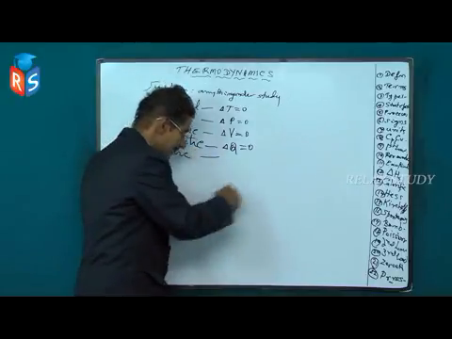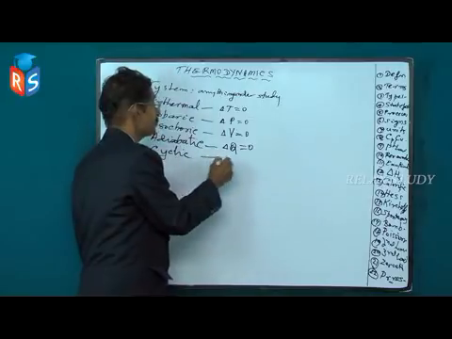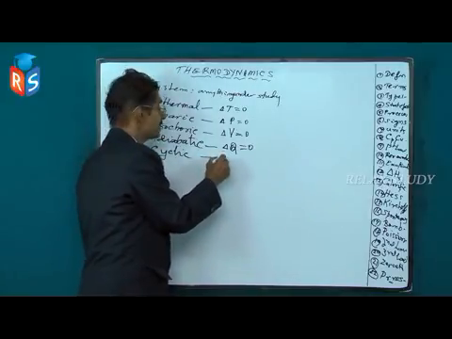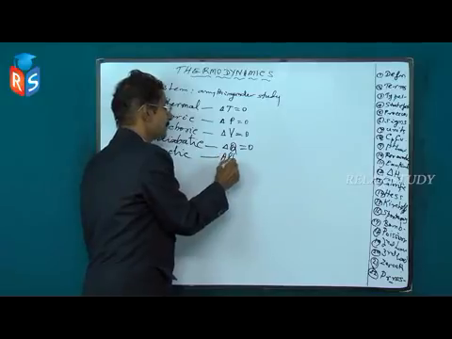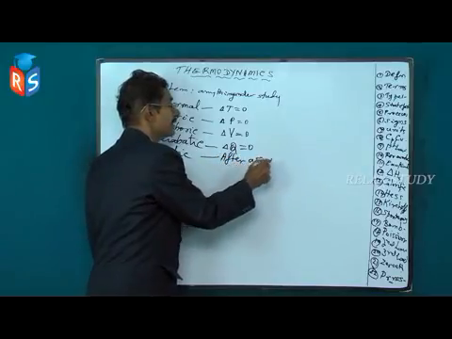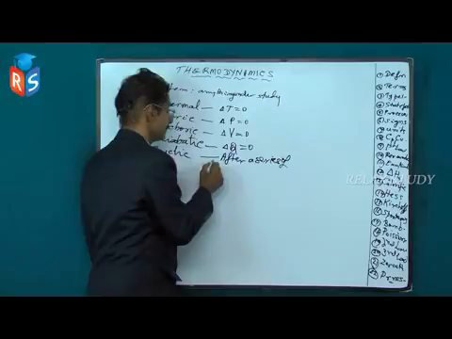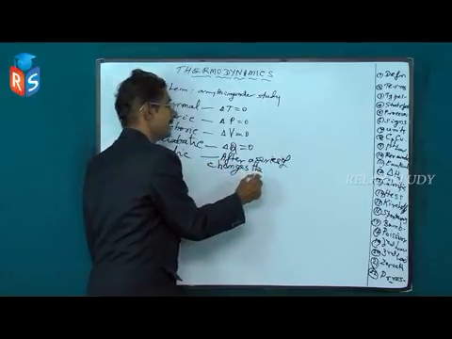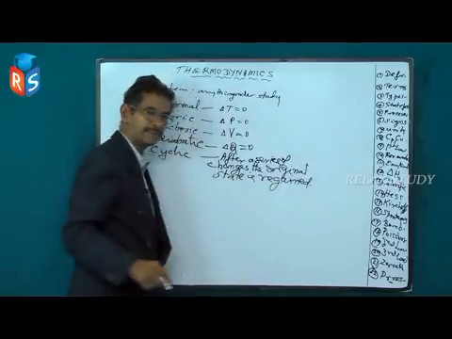That means we can say it is a cyclic process. After a series of changes, the original state is regained. Then you call it a cyclic change.